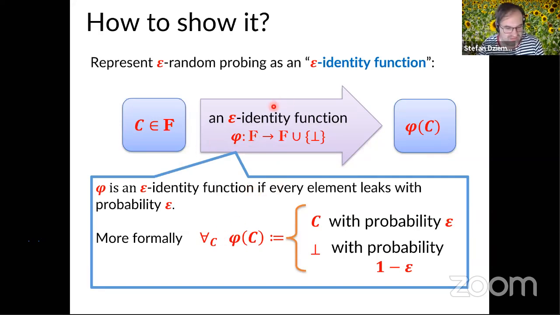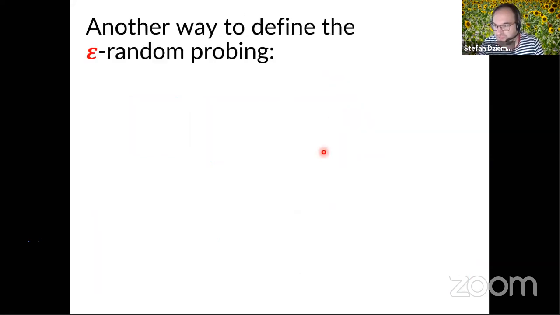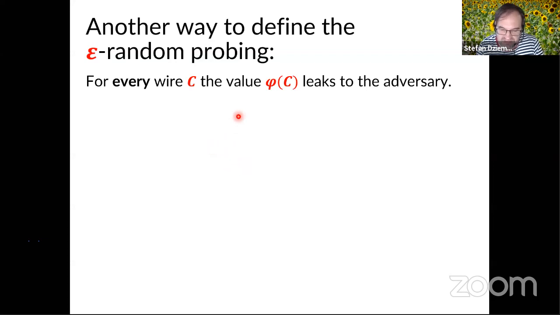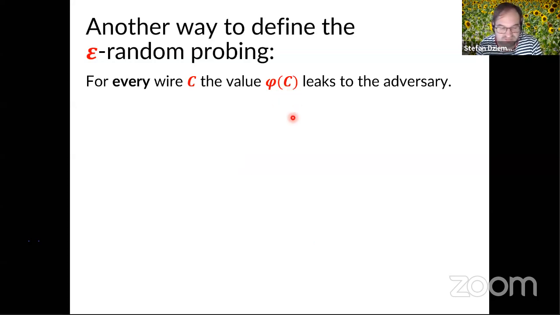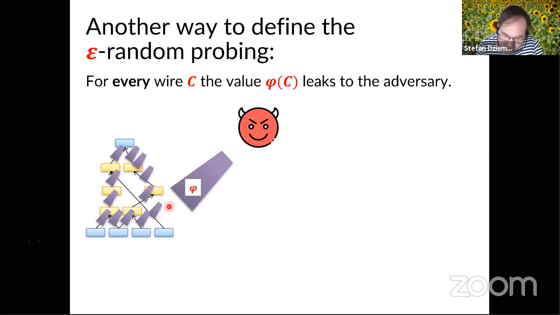but it turns out to be useful on the next slide, because then we can say that there's a way to define epsilon random probing such that every wire actually will leak to the adversary. It's just that what will leak is this function phi of C, right? This function mostly forgets its input. So we can say that it also leaks completely to the adversary. It's just that in most cases it's meaningless what you get. So you get function phi of the circuit, and this function phi is now applied to every wire.